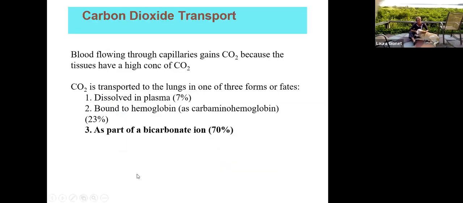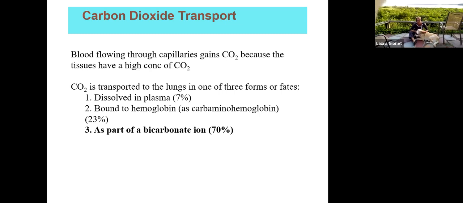Carbon dioxide transport: blood flowing into the capillaries gains carbon dioxide because the tissues have a high concentration of carbon dioxide, because that's the job of cells. The cells need to have ATP for different pumps and activities, and they do so by converting substrates into ATP in the mitochondria, which is the source of carbon dioxide. Carbon dioxide is transported to the lungs in one of three forms.